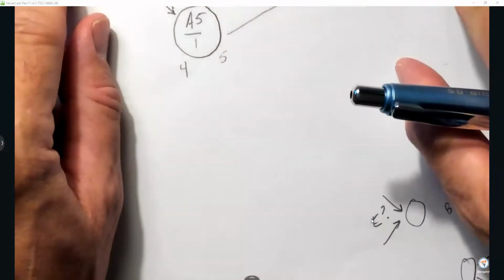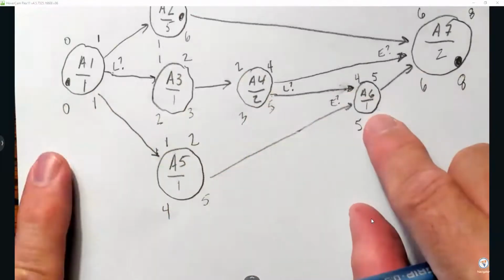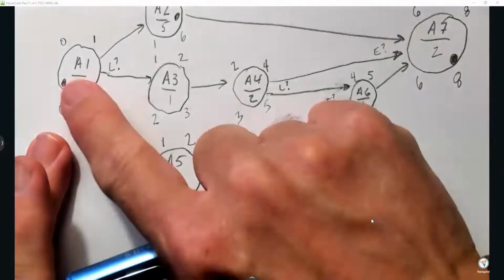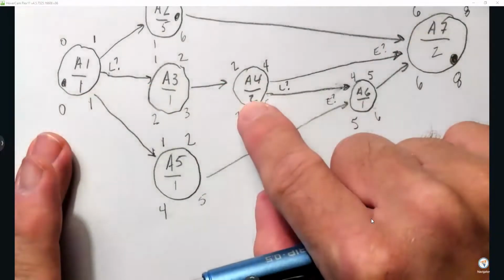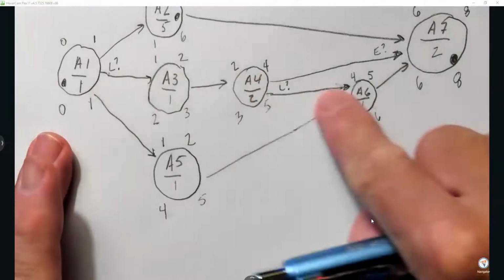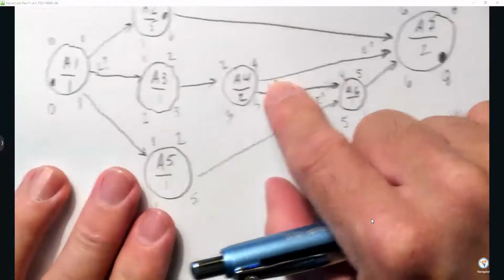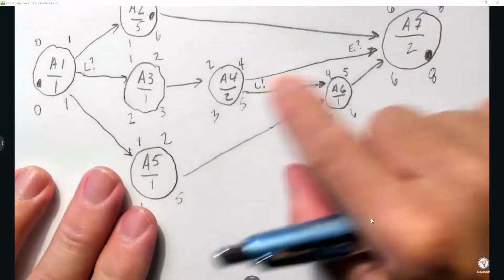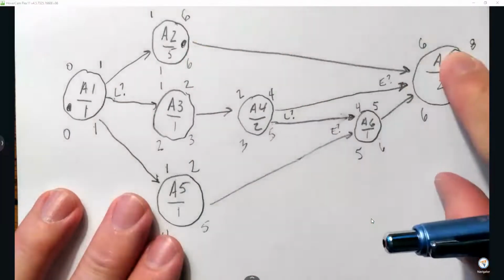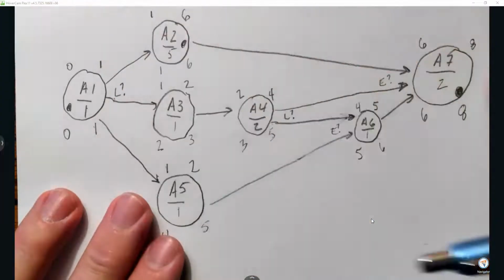It takes me 1, 2, 4, 6 days to do this path. And it takes me 1, 6, 8 days to do this path. This is the critical path because it's the one that takes the longest.